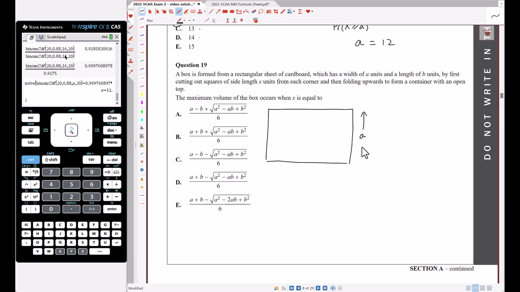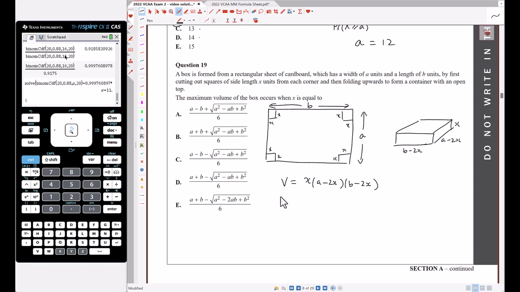In this case, it's going to have dimensions A and B. We're going to cut out corners of length X. When we do that, we'll be able to fold up an open box where this length is A minus 2x, this length is B minus 2x, and this vertical height is X. And so the volume of the box is going to be X times A minus 2x times B minus 2x. To find the maximum volume of the box, we're going to need dV/dx.